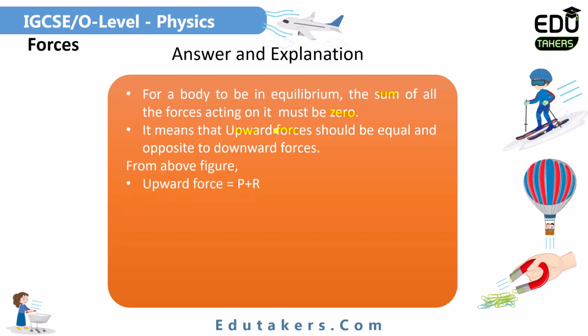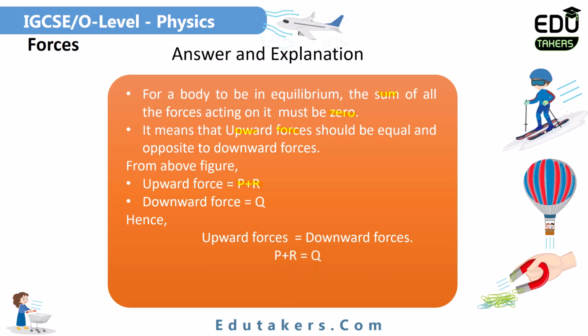From the above figure, the upward forces are the sum of P plus R forces, and the downward force is only one, which is Q. You have to equalize here the upward forces and downward forces. Just put here values. The upward forces are P plus R. It would be equal to Q. According to that, answer B is correct.